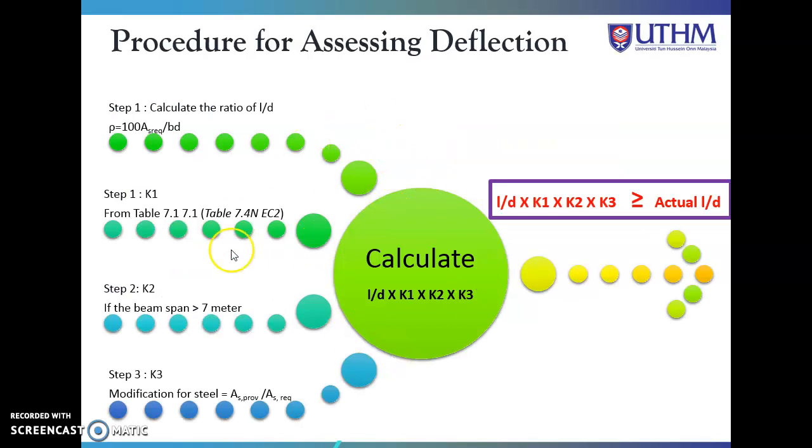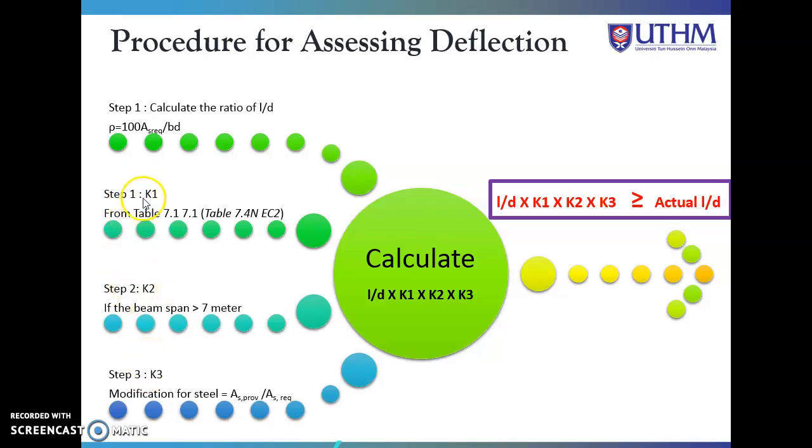Okay, so this is the step that I have summarized, which is the first step is to calculate the ratio of L over D. So this is how to calculate the rho. Okay, then step 2, step 3, step 4.